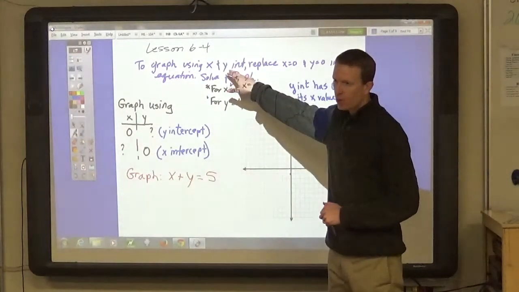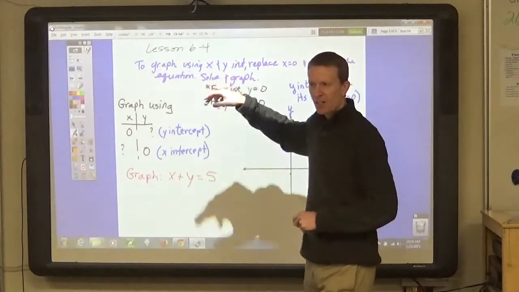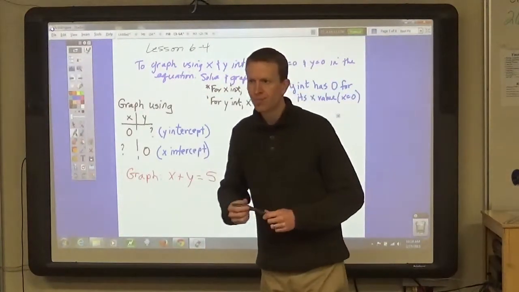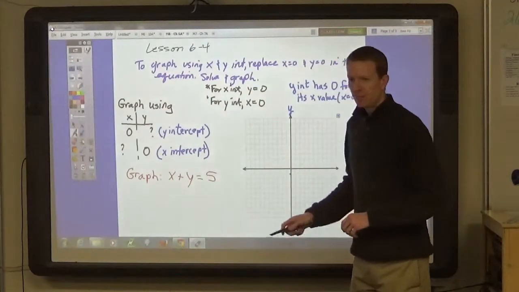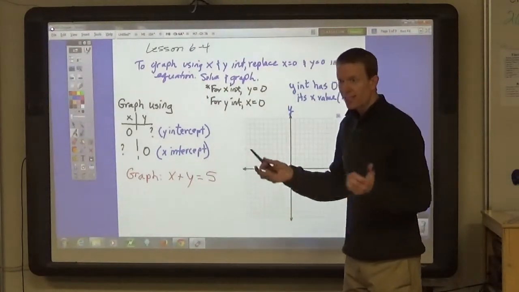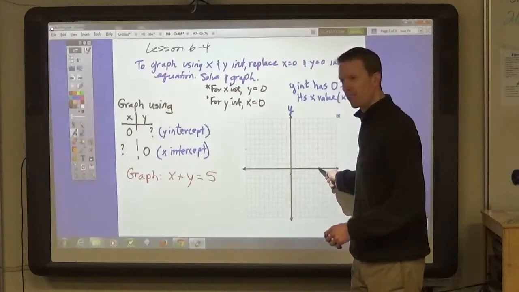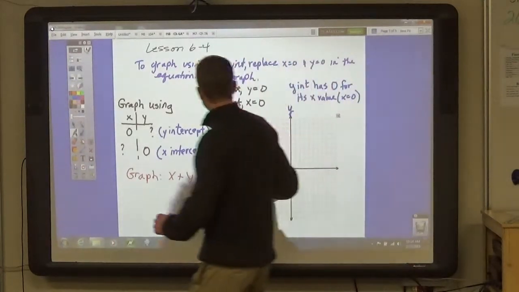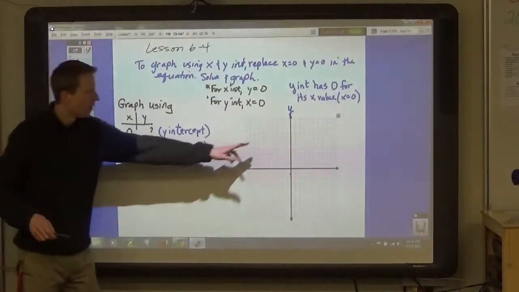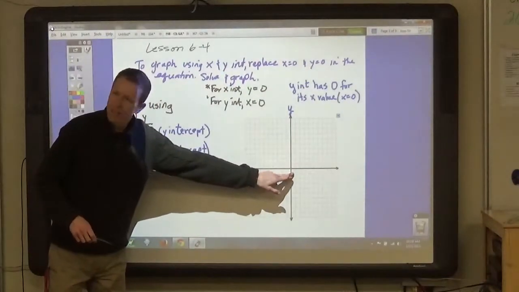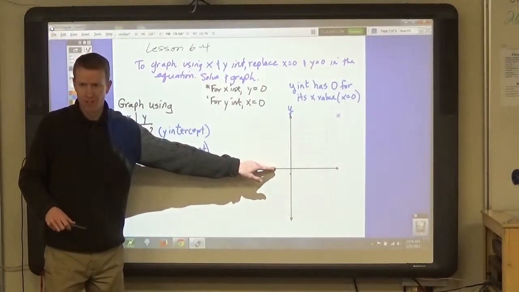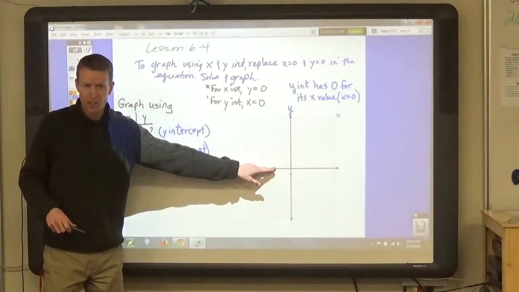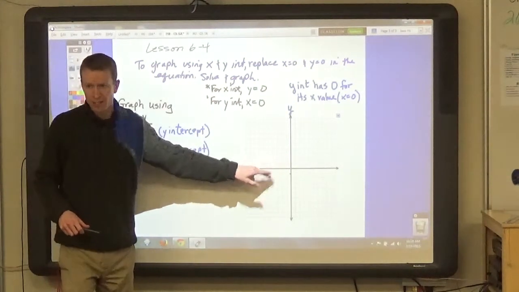Okay? Now we know what the y-intercept is. That's where it crosses the what? The y-axis, right. For the x-intercept, that's where it crosses the x-axis, right. And for the y-intercept, how far do we go over when you're graphing the y-intercept? What is the x-coordinate?